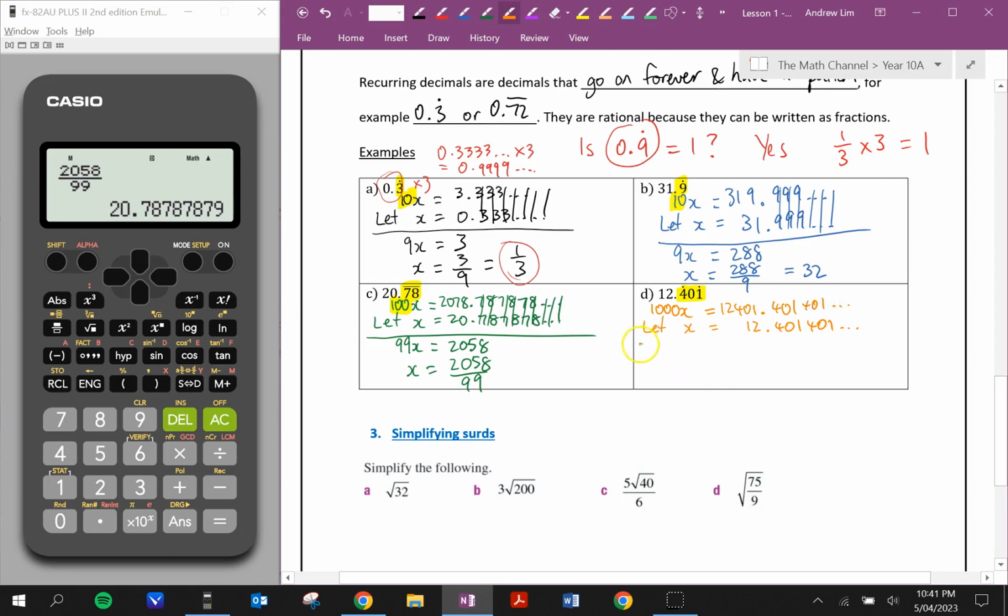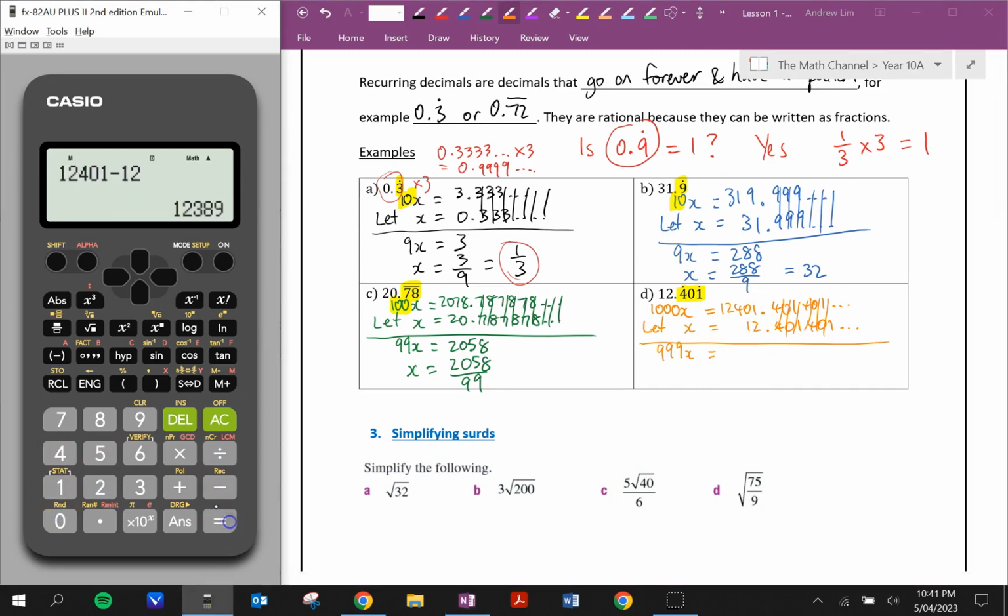And now we can see it lines up perfectly. When we subtract these, we'll cancel each other out. So 1000x minus x is 999x. 12401 minus 12 is 12389. And now we can divide by 999. And we can double check our answer.